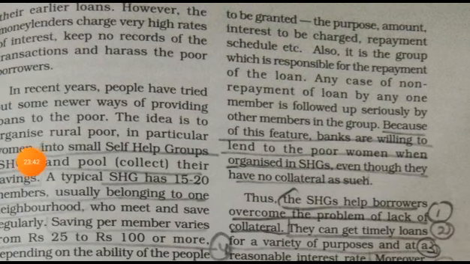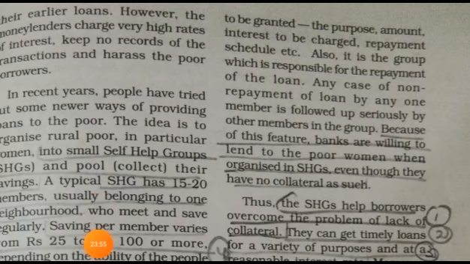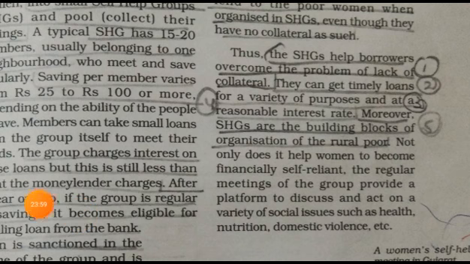But if they are SHG members, then in the name of the group they get the loan without collateral. Thus SHGs, self-help groups, help borrowers overcome the problem of lack of collateral. They can get timely loans for a variety of purposes and at a reasonable interest rate. The rate of interest is very affordable.